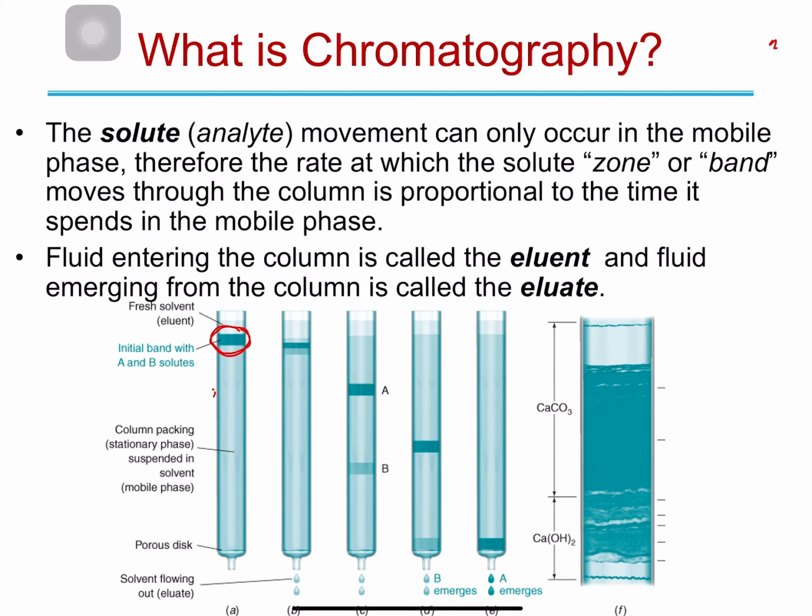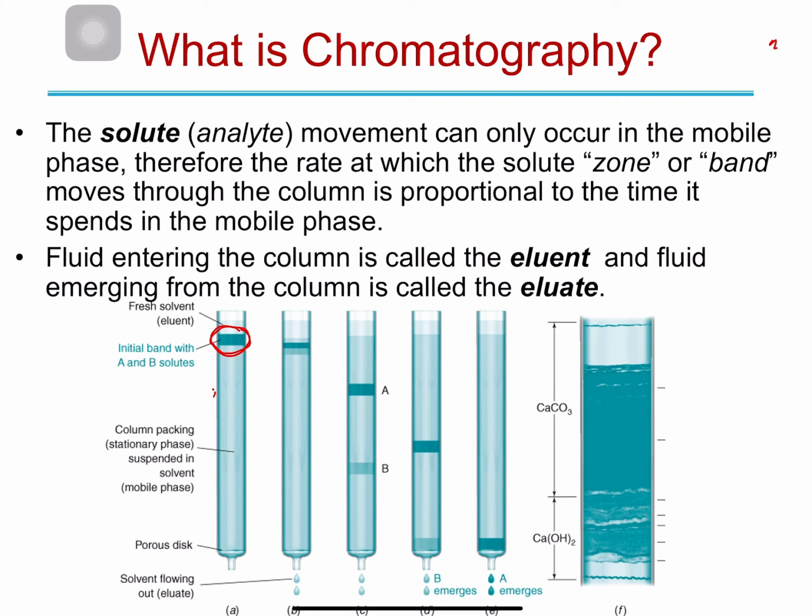And as you add your mobile phase, all the different substances within your mixture will distribute themselves between the stationary phase and the mobile phase differently, depending on their affinity for both phases.